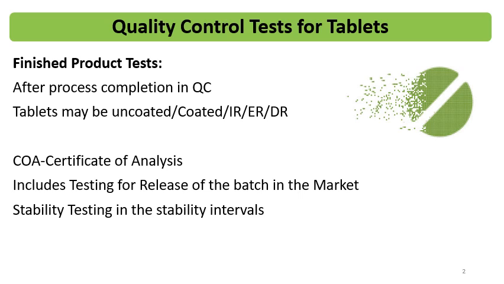The finished product tests include the testing of the finished formulation for release of the batch into the market, and also for stability testing in the stability intervals. If you have made the batch and you are charging the batch on stability testing, then these tests are performed at the stability intervals, so that the product behavior can be understood at different storage conditions.